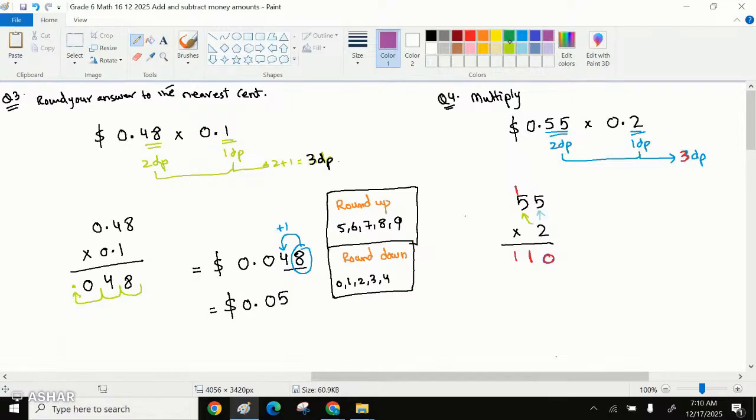Okay, so let's see how it will be done. 1 decimal place, 2nd decimal place, and the 3rd decimal place. The decimal comes to this position. That means our answer becomes 0.110. But we need to have something before this. So we put a 0 over here. That means 0.110. And usually we give our answer in 2 decimal places.